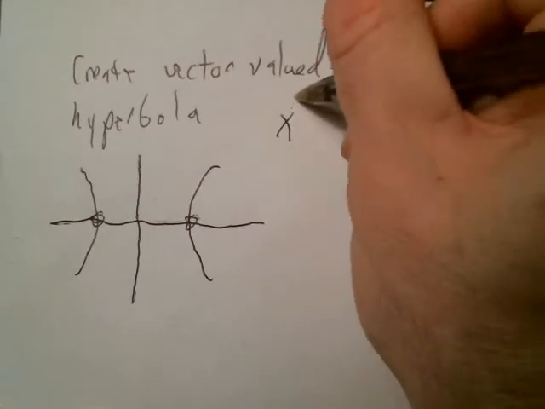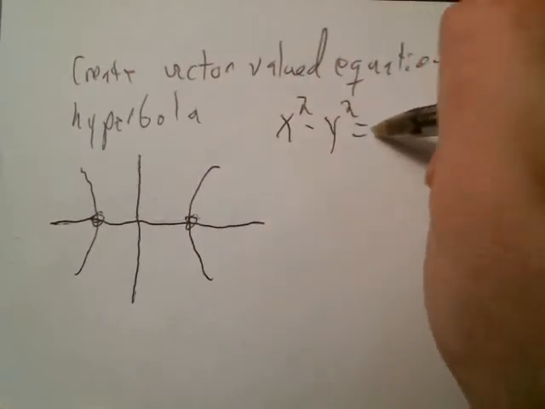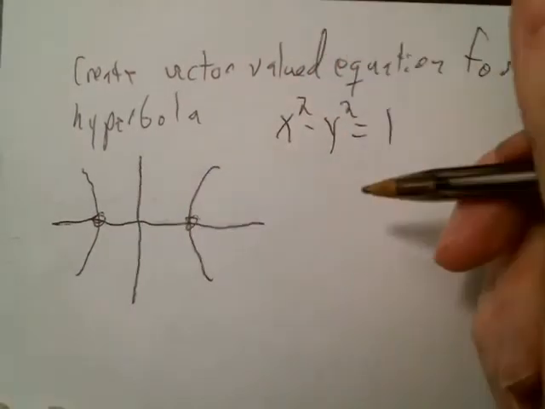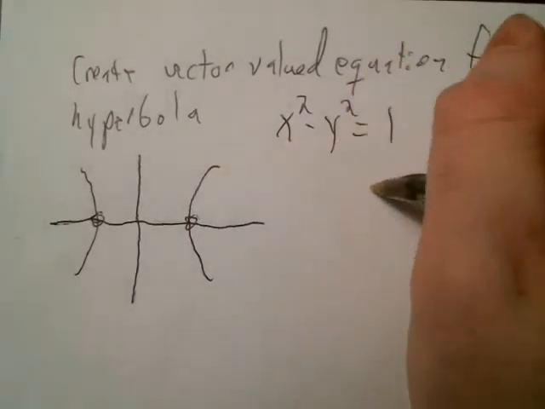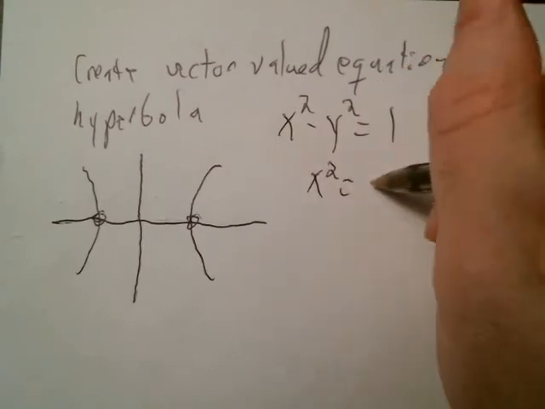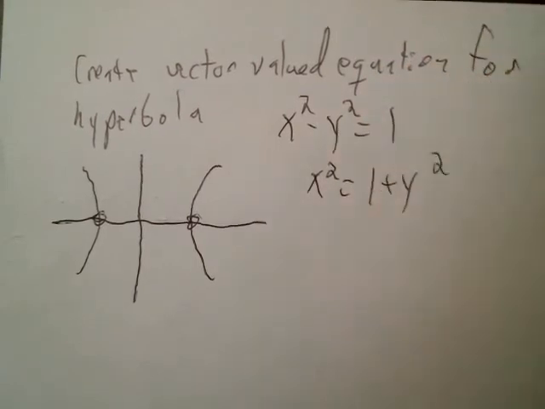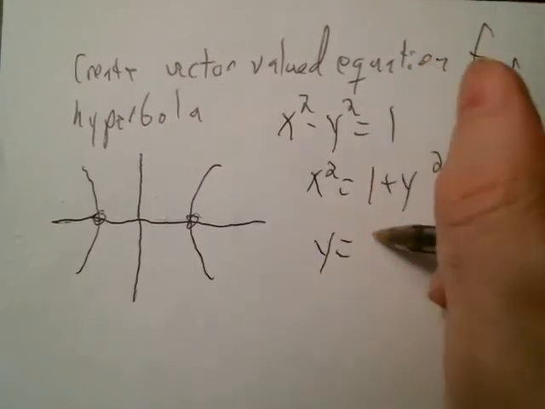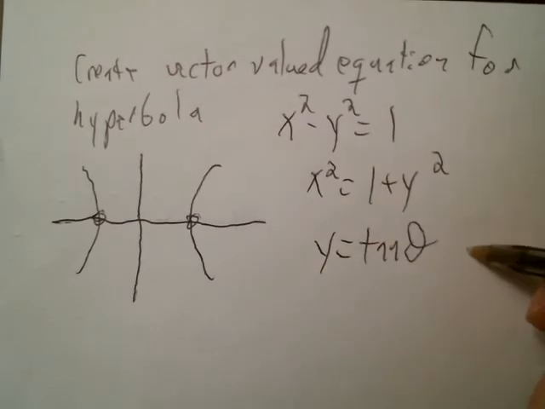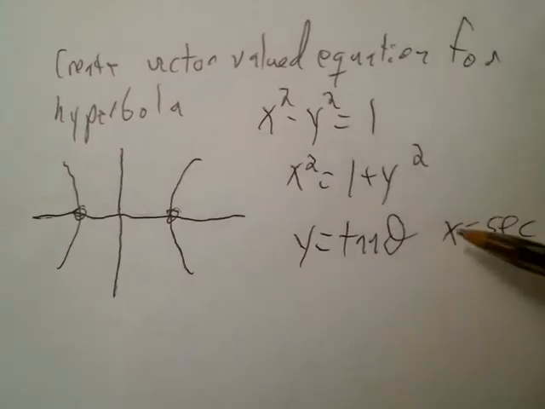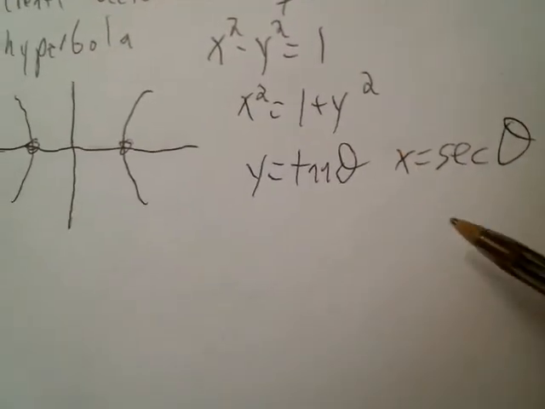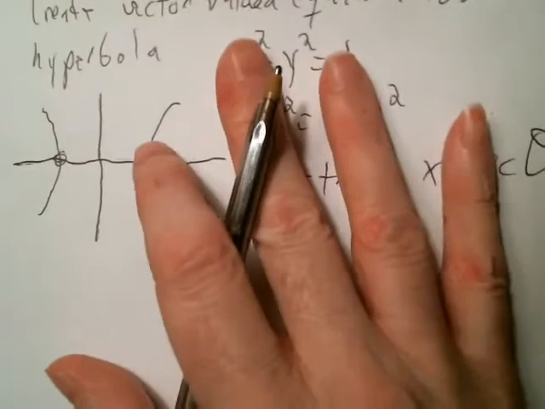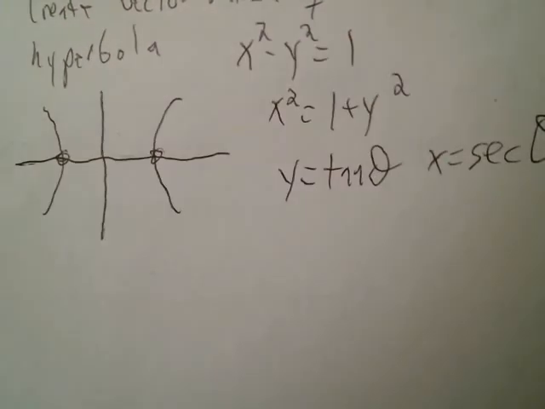So x squared minus y squared is equal to 1. Okay, so how would I do that? Well, you would do trig again. Maybe note x squared equals 1 plus y squared. So let y equal tangent theta, and then x equals secant theta. And that would kind of work via one of the other Pythagorean identities. So hopefully it's that kind of thing from 12.1 that we also need.